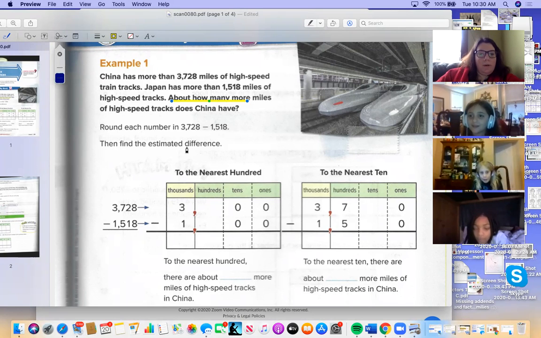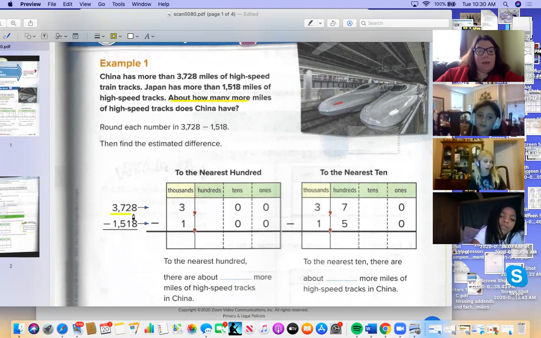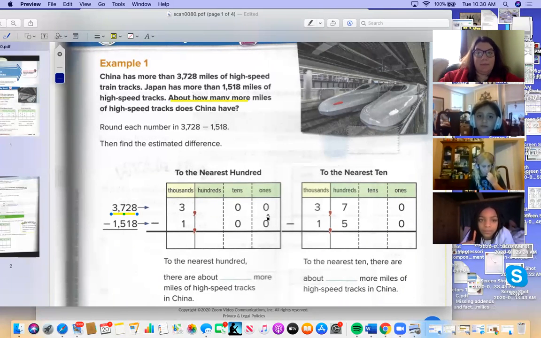So round each number in 3,728 minus 1,518, and then find the estimated difference. So we're rounding to the nearest 100. They've already shown us that the 3 in the 1,000 stays the same, and we have 0 tens and 0 ones because it's rounding to the nearest 100. 100, 200, 300, 400, 500, 600, 700, 800, 900.